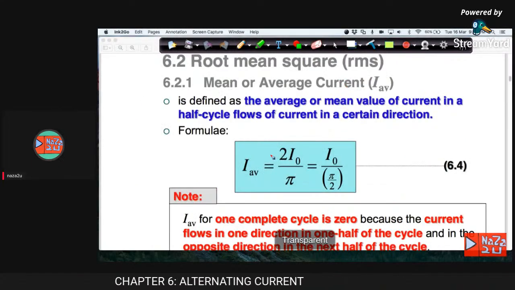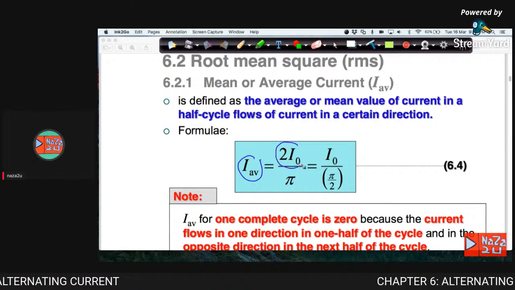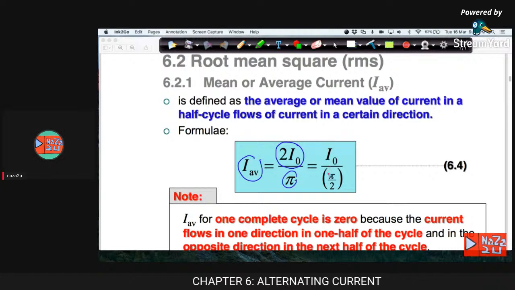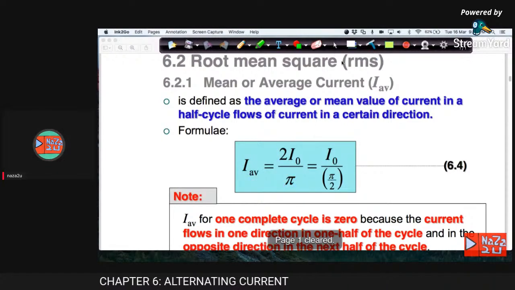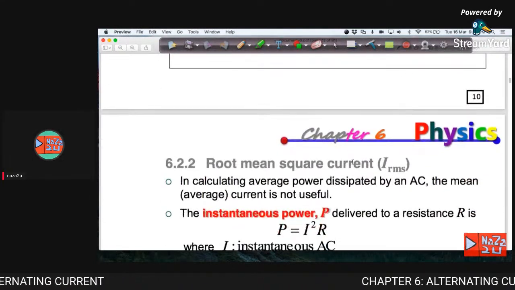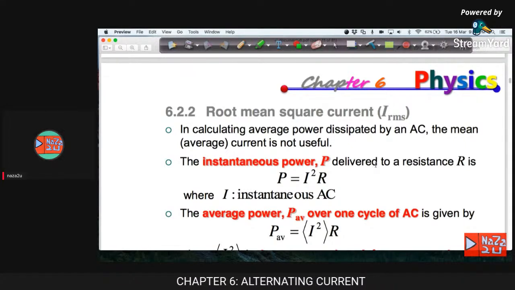So apa yang kita buat kat sini, I average tu merujuk kepada 2 times I maximum divided by pi, okay? Ataupun I0 pi over 2. Ini sebenarnya pengiraan dari segi matematik, saya tak payah detailkan, kerana yang perlu kamu tahu adalah perkaitan RMS dengan I0 sahaja.